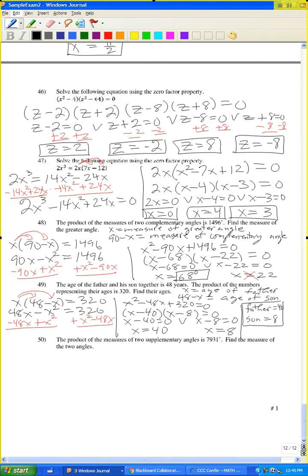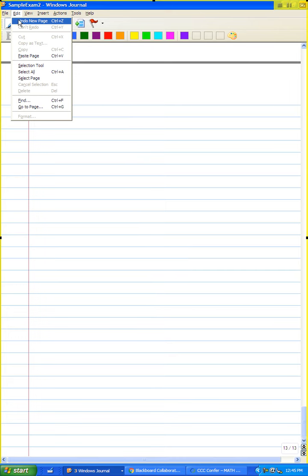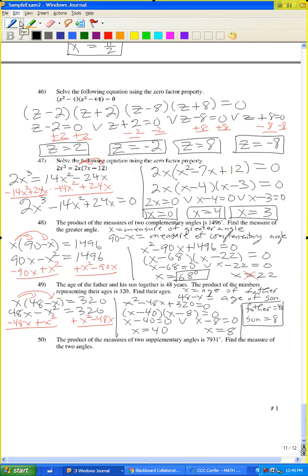Let me do problem number 50. The product that measures the two supplementary angles is 7931. So let X be one of the angles. Therefore, the supplementary angle is 180 minus X. And their product must be 7931. Let me multiply X inside the parentheses.